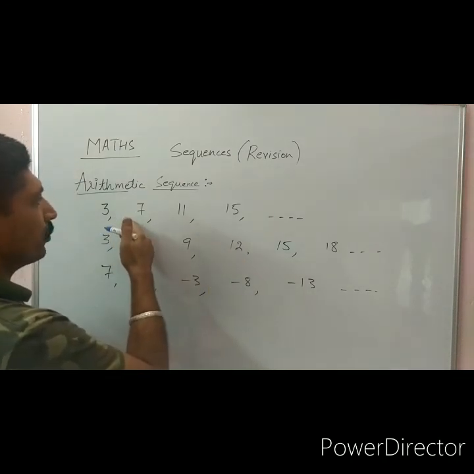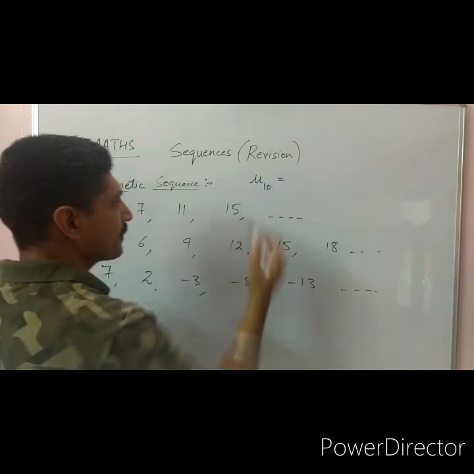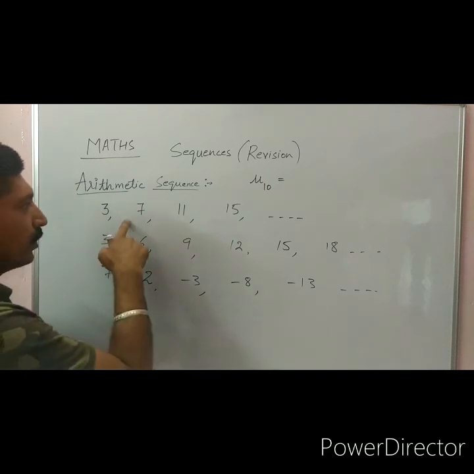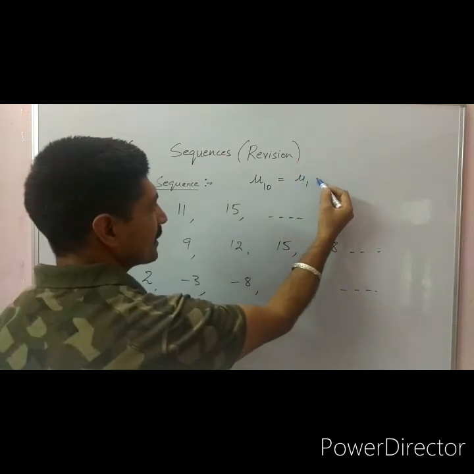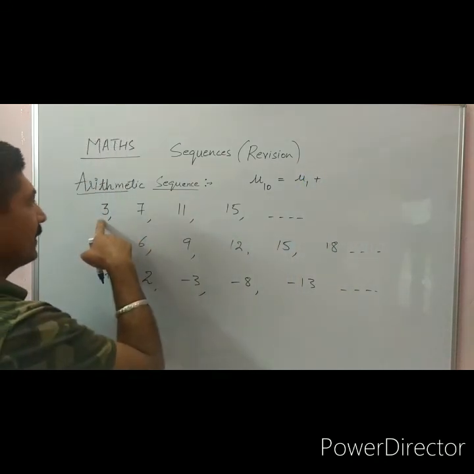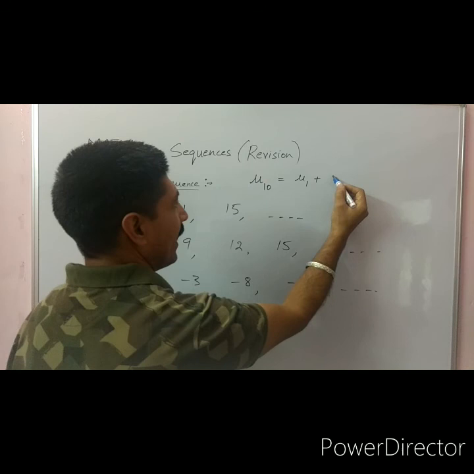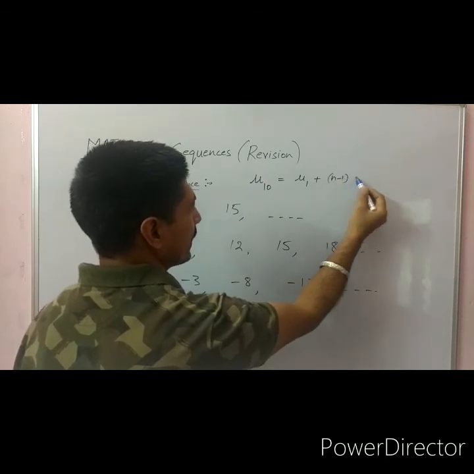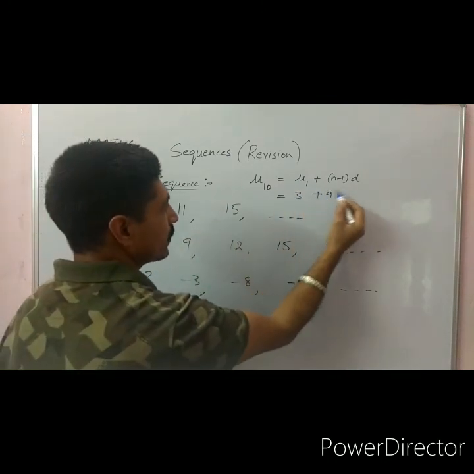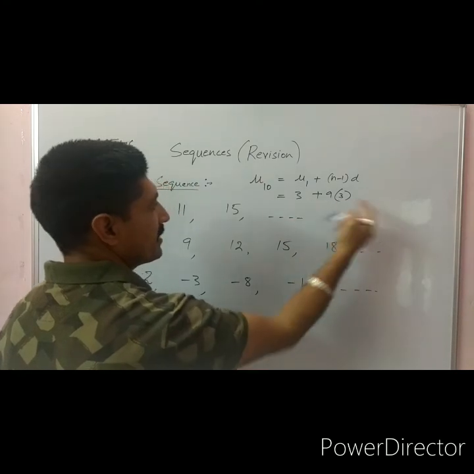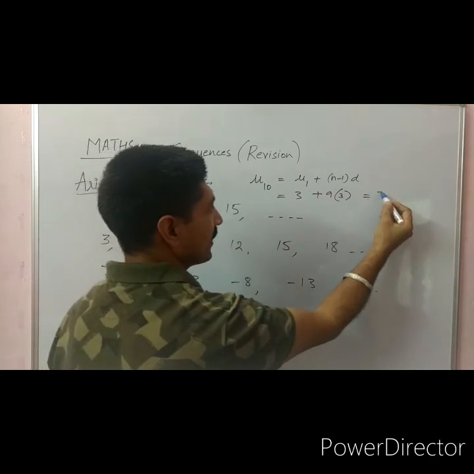In this case, if we want to find the 10th term of this AP, it is equal to the formula U1 plus n minus 1 times D. U1 here is 3, so it is equal to 3 plus 9 into 3, that is 27. So the 10th term of this sequence is 30.